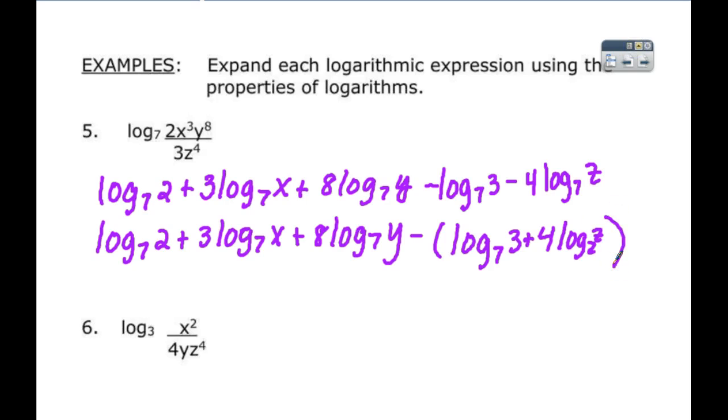Okay? Is it the same thing? It's like distributing the negative, right? So they're both the same thing. So sometimes you might see it like the bottom, and when you see it with the minus, you just distribute the minus, okay? But you're going to see it written both ways, and it doesn't matter. It's all the same thing.